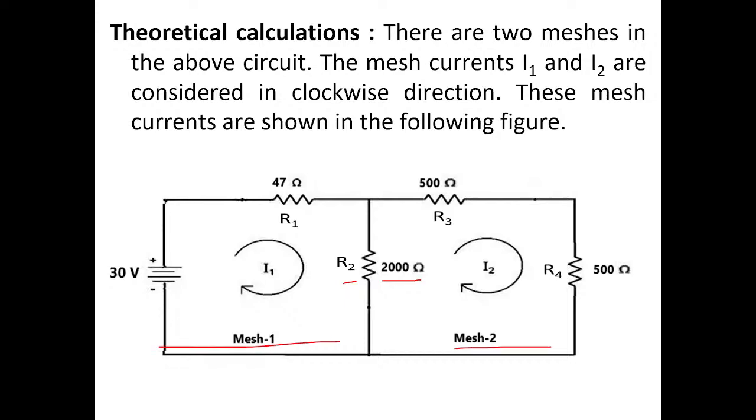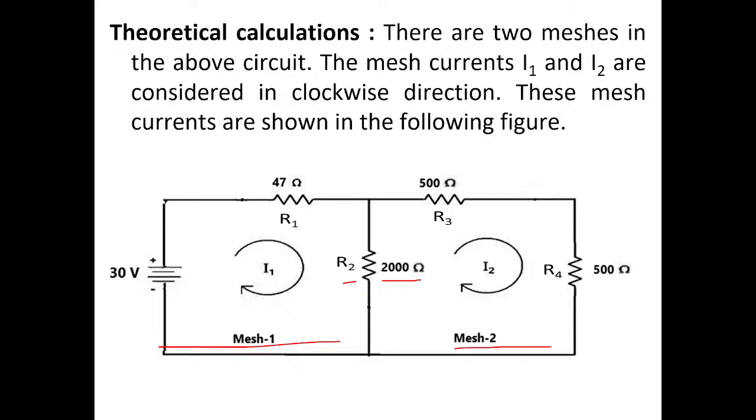So the 2000 ohm resistor is a common branch for mesh 1 and mesh 2.